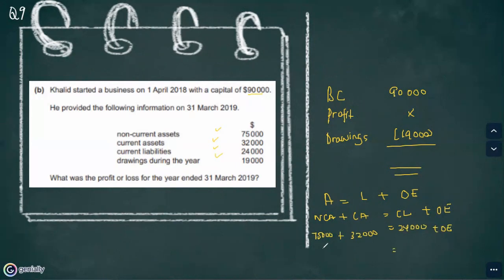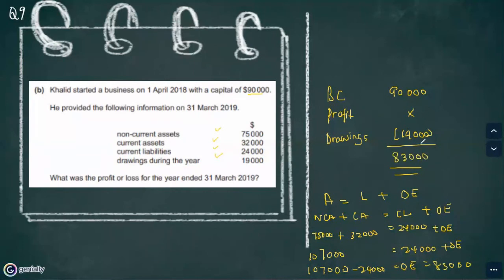So 107,000 must equal 24,000 plus OE. So owner's equity must be 107,000 minus 24,000, which is 83,000, right?